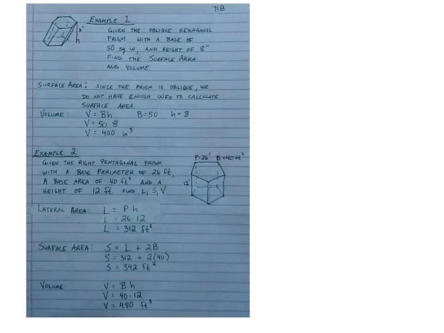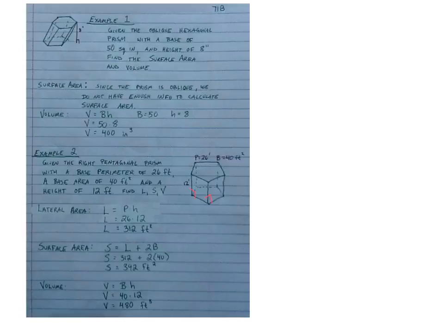Example 2 is a right prism, so we actually are able to calculate the lateral area, the surface area, and the volume. So given the right pentagonal prism, let's draw in a little right square so we know that it's at a right angle. A right pentagonal prism with a base perimeter of 26 feet, a base area of 40 feet squared, and a height of 12 feet.